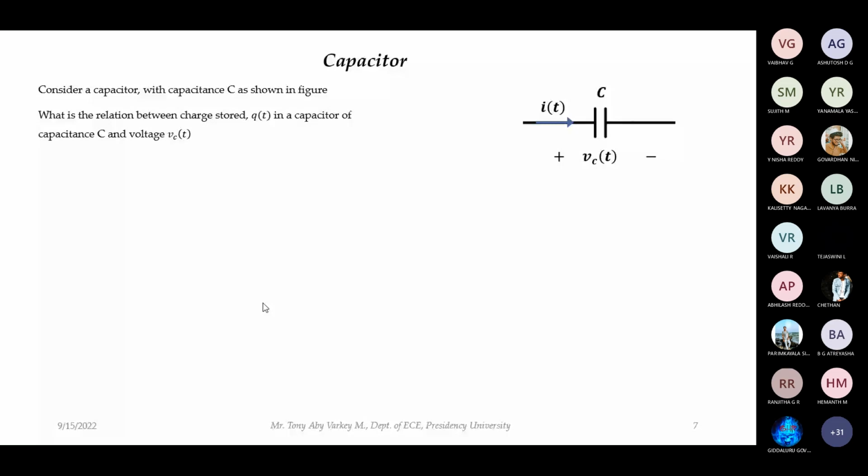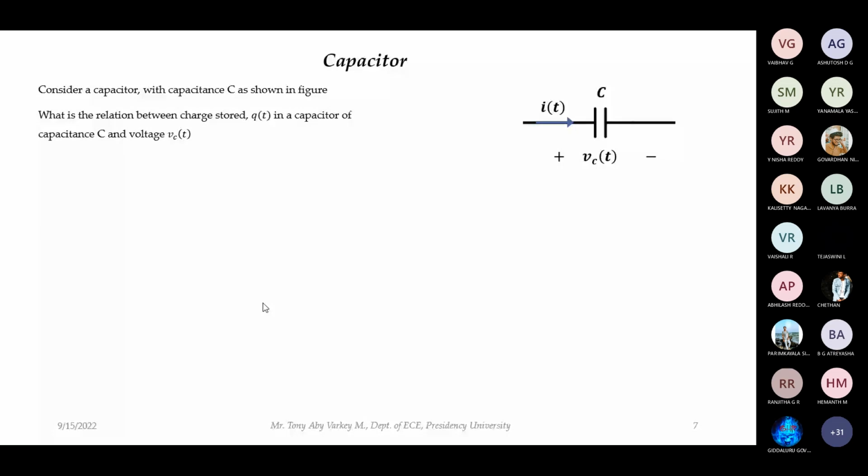In your 10th standard you might have learned the formula for the charge stored in a capacitor. Q equal to what? Q equal to C into V. Correct. So here Q of t is equal to C into Vc of t.